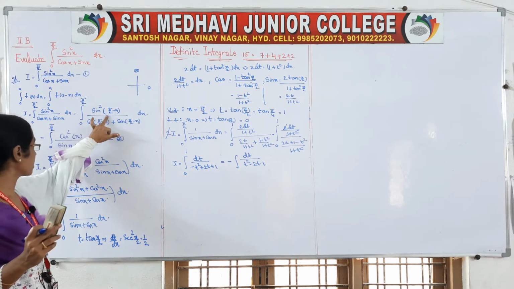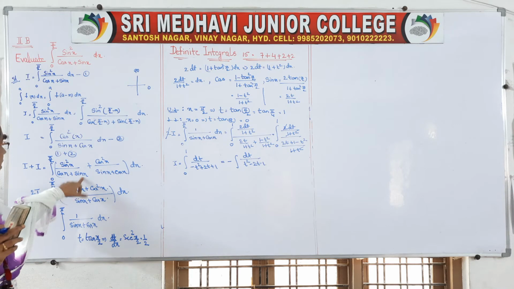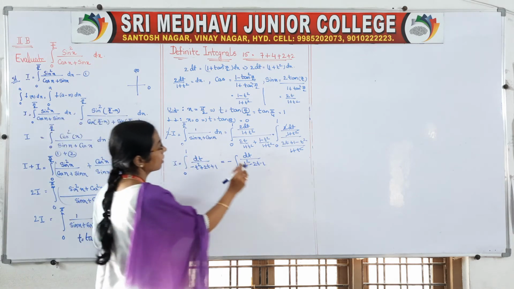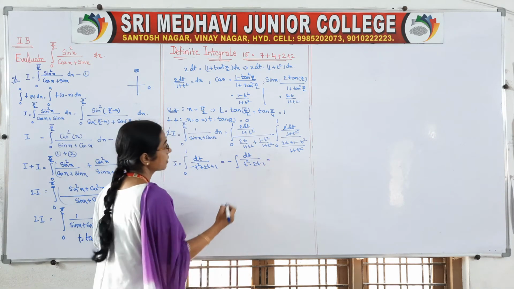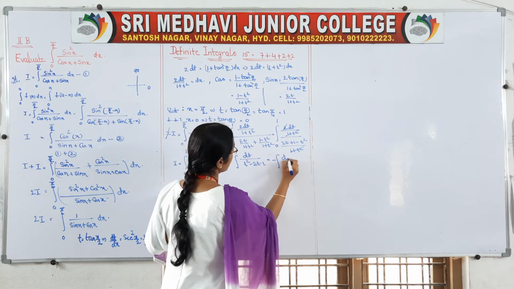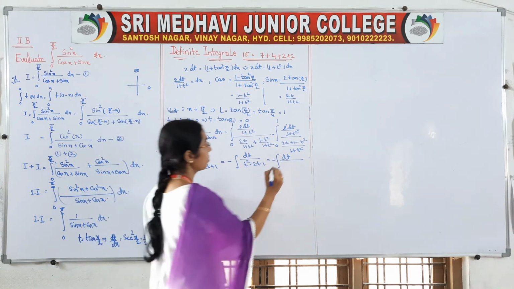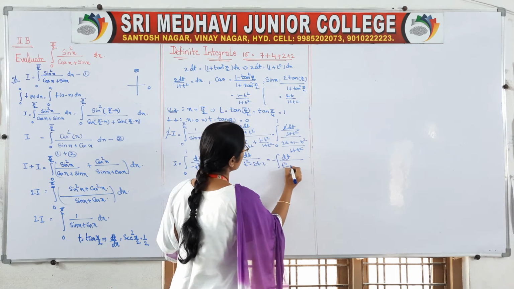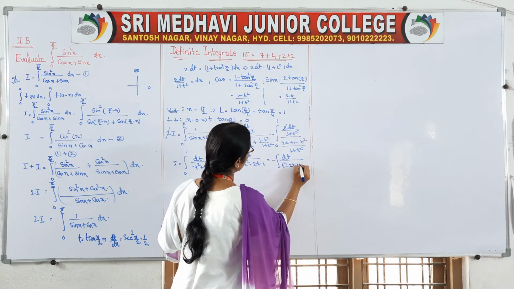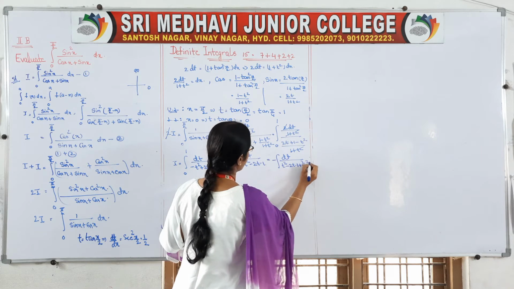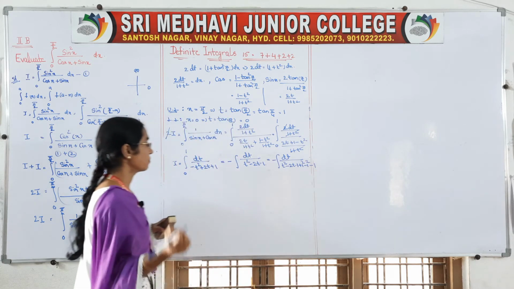So then we can take this as minus dt by (t minus alpha) whole square form. So how can we write? t² minus 2t into 1, 1 square minus 1 square minus 1.